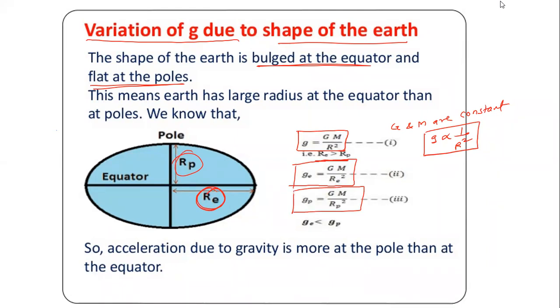As the radius at the equator is greater than the radius at the pole, hence we can write g at the pole is greater than g at the equator. Radius at the equator is greater, therefore acceleration due to gravity at the equator is less. I hope everyone understood. The same conclusion we get which we learned by considering the rotation of Earth.